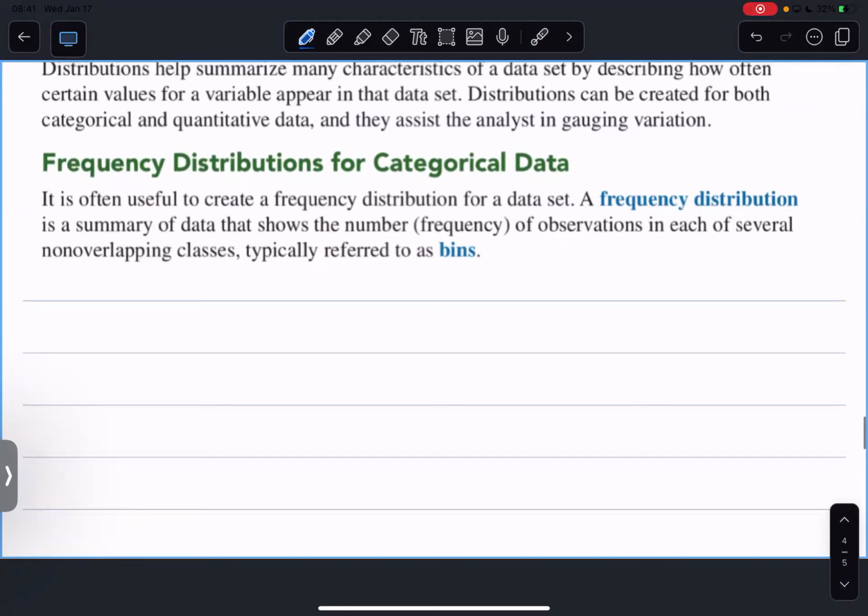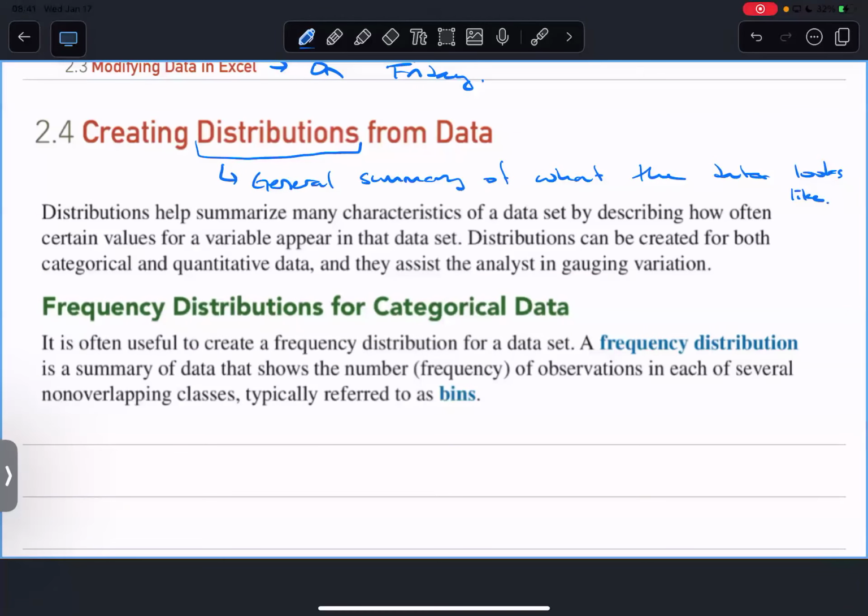Usually it's visual, but it can be numerical as well if we're talking about counts. The distribution of the data is just, what does this thing look like? And so we'll start with categorical data.